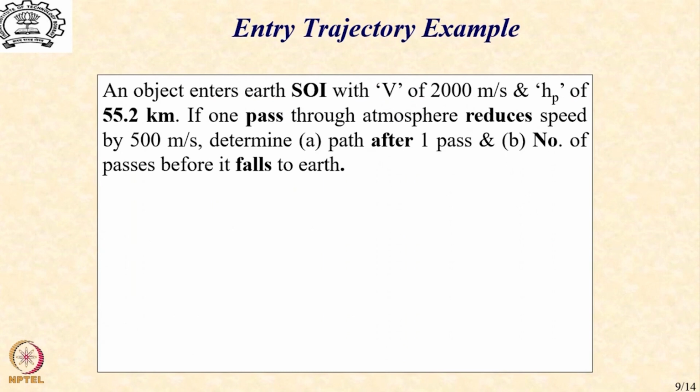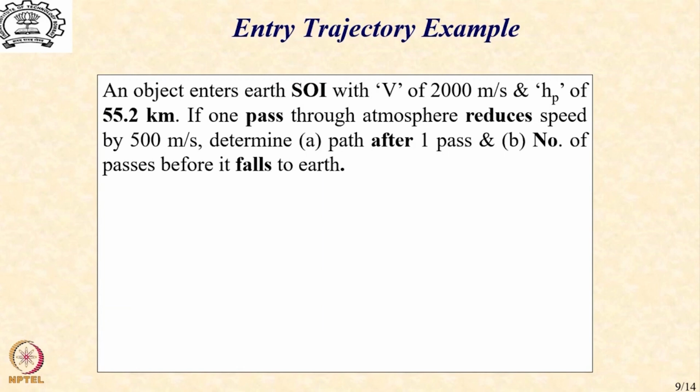Let us try and understand this through a simple example. So let us take the case of an object which is entering Earth's atmosphere. The SOI expands as sphere of influence, which is a common term used to say that the object is now under the influence of the gravitational field of a specific planet, with a velocity of 2000 meters per second and at an altitude of 55.2 kilometers.